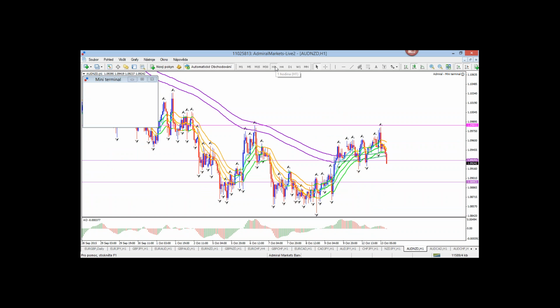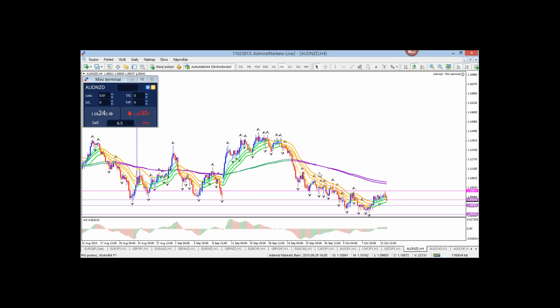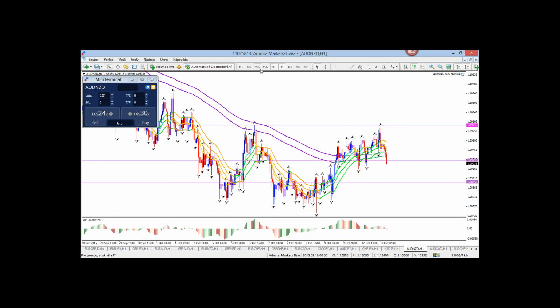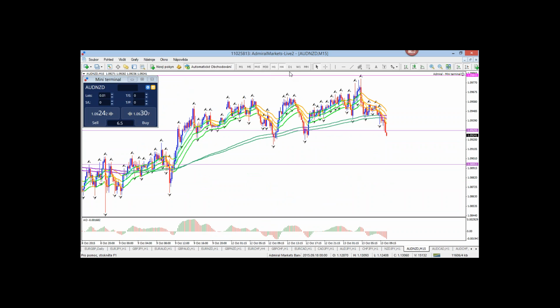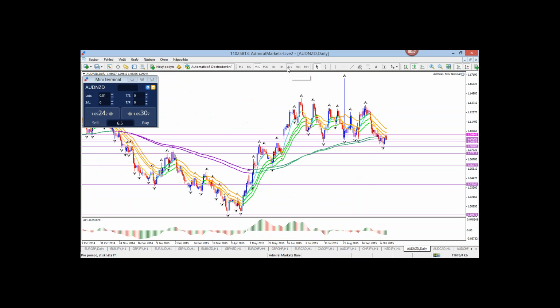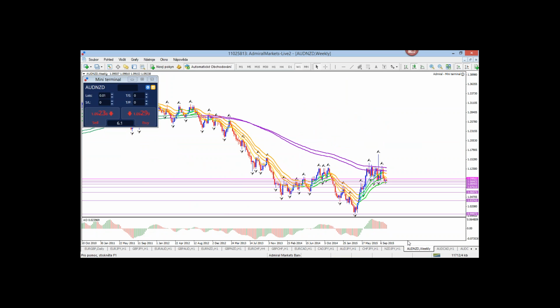Four-hour is, yeah, indeed, Beverly says it does, and 4-hour is bearishly aligned. 1 hour is a bit choppy. 15 is making a turnover right now. And daily is, the moving averages are kind of intertwined here, but it is breaking below support indeed. So yeah, probably yes indeed.